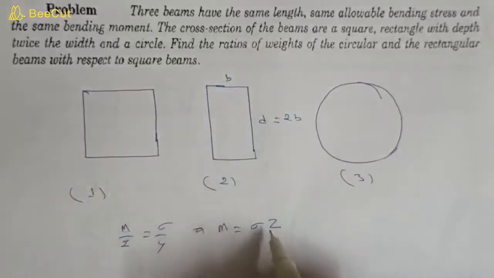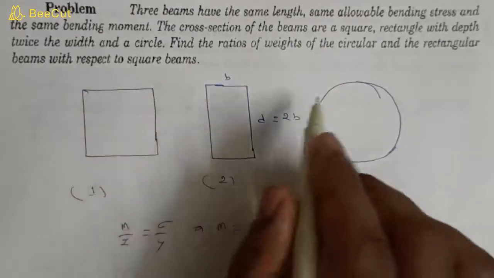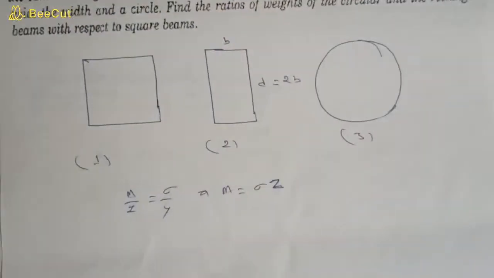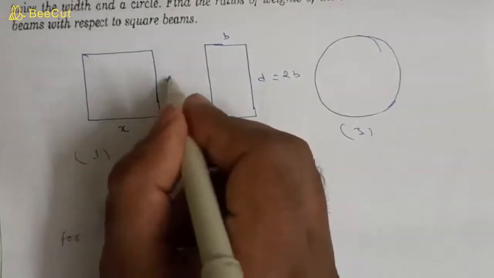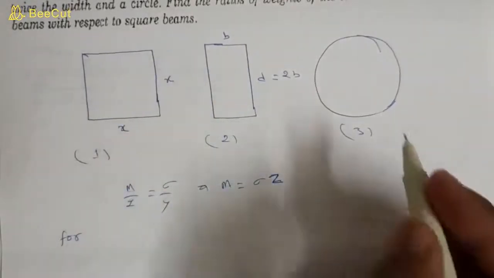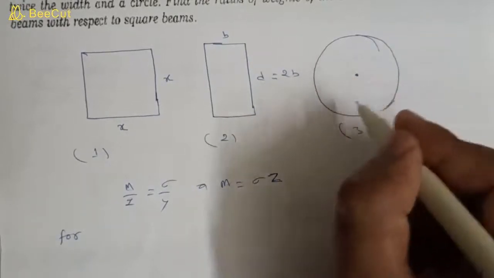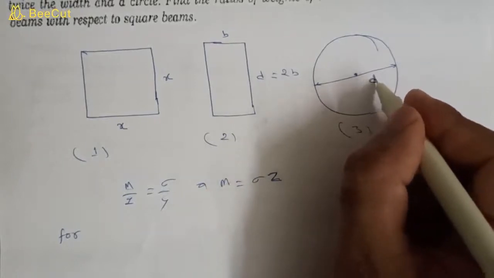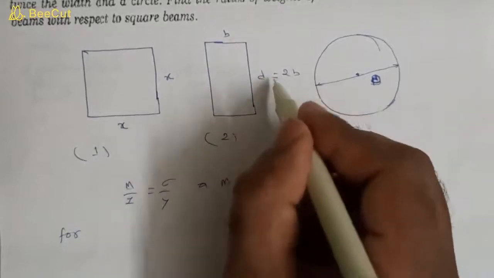So M is same and sigma is same, so only Z is remaining. So the section modulus of these three sections will be same. Let's calculate the Z of each section. For a square section, suppose this is x and this is also x, and suppose the diameter of this circular section is capital D.